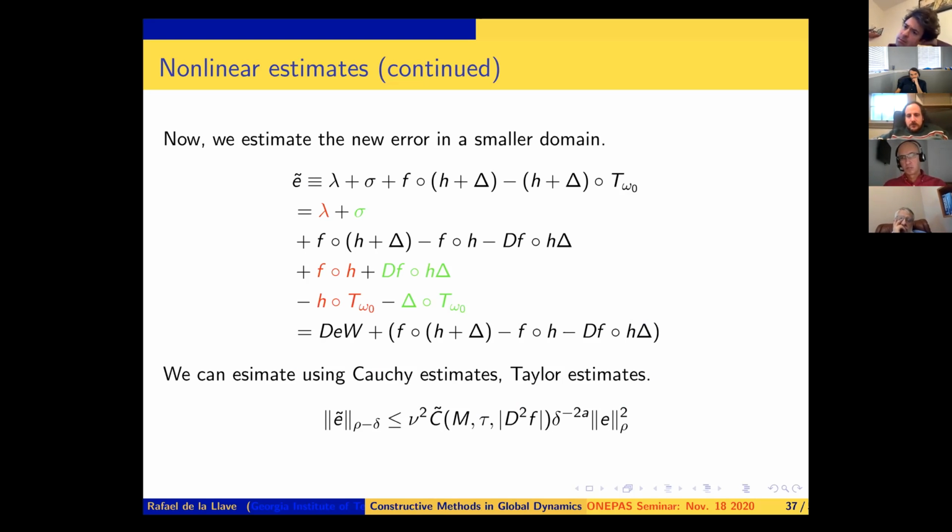But then the interesting thing is that once you do all this, this term over here is very easy to recognize because it's going to be estimated by the Cauchy estimates. And then the terms over here, the ones that I put in red, are the error, and then the sigmas are the other terms that appear in the linear equation.